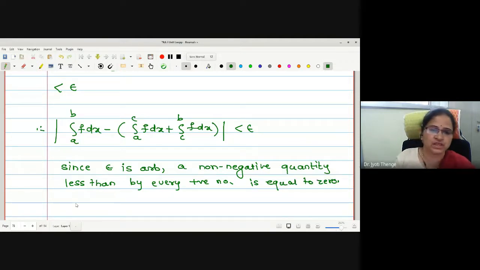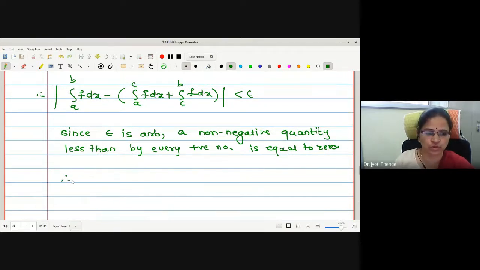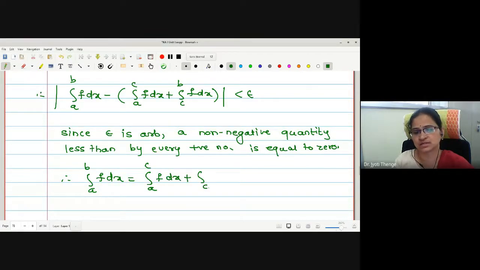Okay, therefore this left hand side must be equal to 0, which proves integration a to b f dx is equal to integration a to c f dx plus c to b f dx. Hence the proof of this statement.